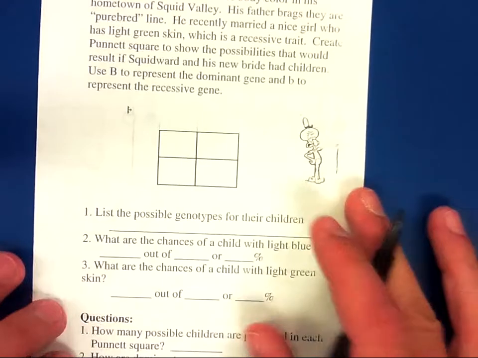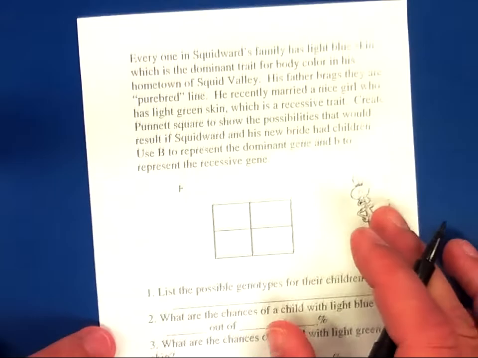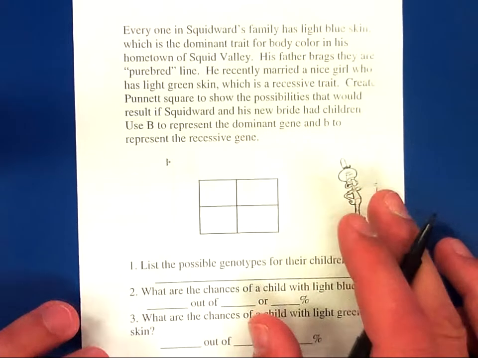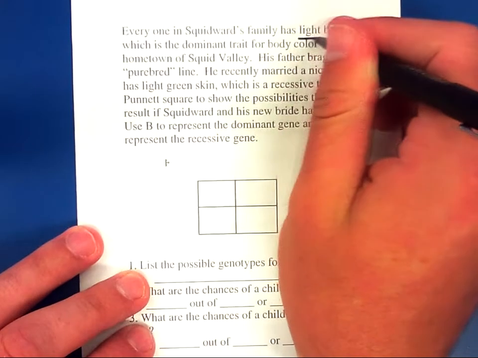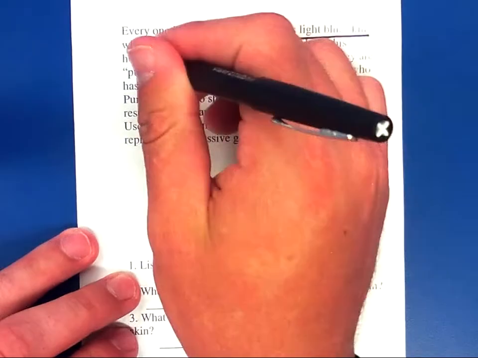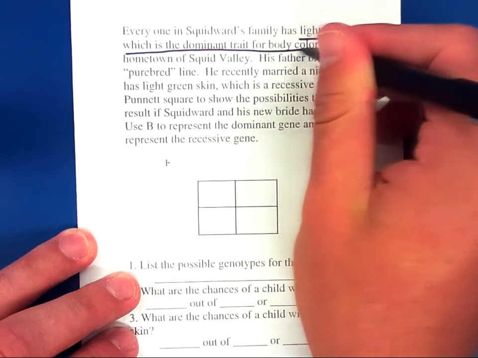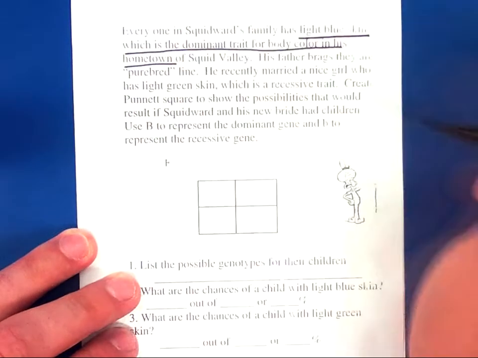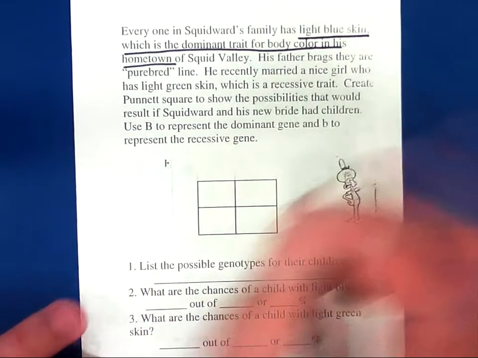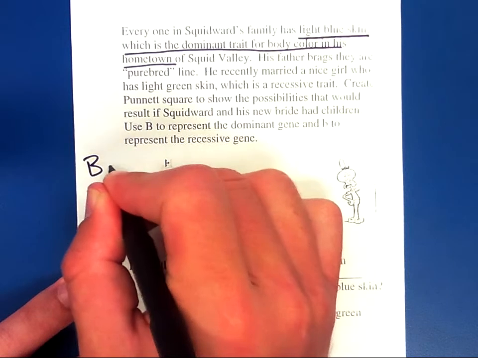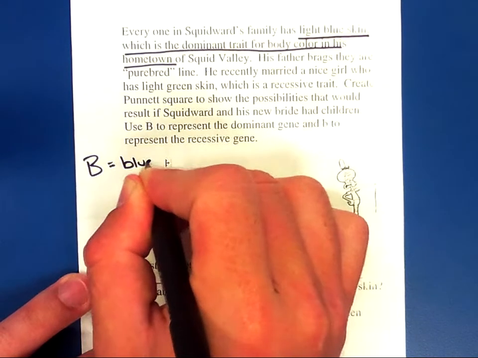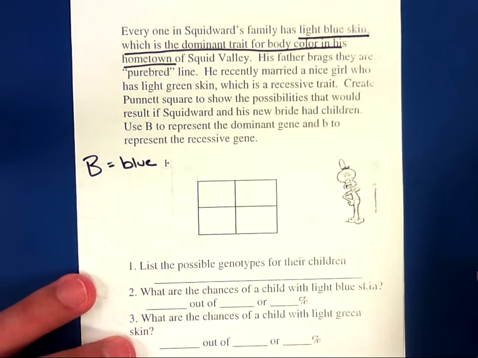All right, flip it to the last part here. All right, so everyone in Squidward's family has light blue skin, which is the dominant trait for body color in his hometown of Squid Valley. So remember, we're going to put capital B equals blue because that's the dominant trait.